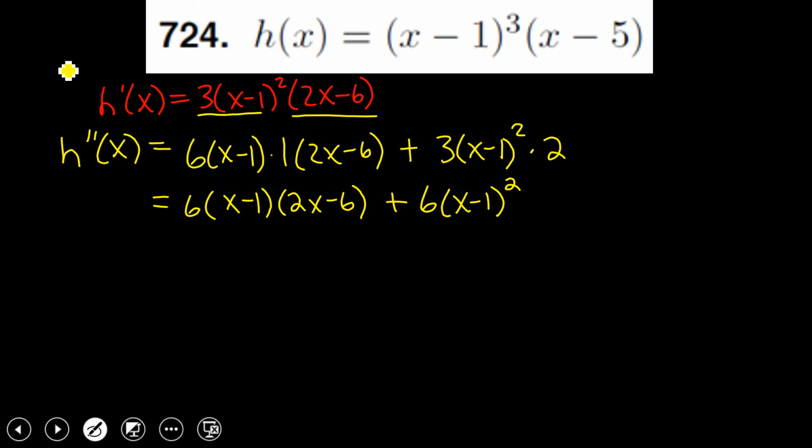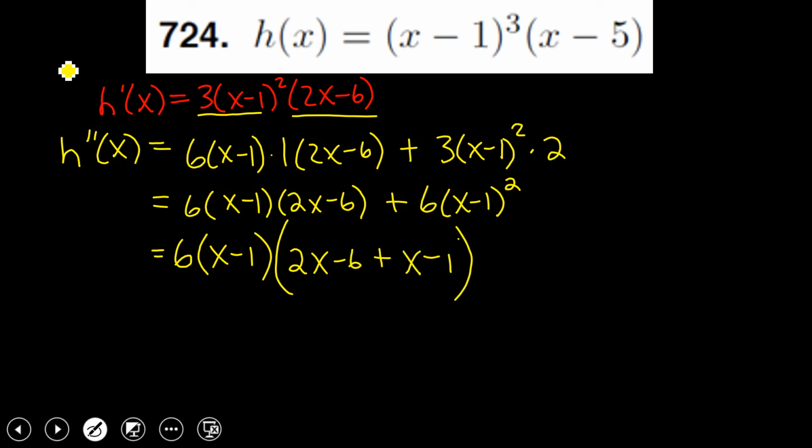So I'm going to get 6 times (x minus 1). So I'm going to factor that out of both of these. I'm going to be left with 2x minus 6 from my first term. I'm going to be left with just a single (x minus 1) in the second because I've already pulled one out. Now again, technically these have parentheses, but I don't need them because I'm adding these two together and I'm not multiplying them by anything.